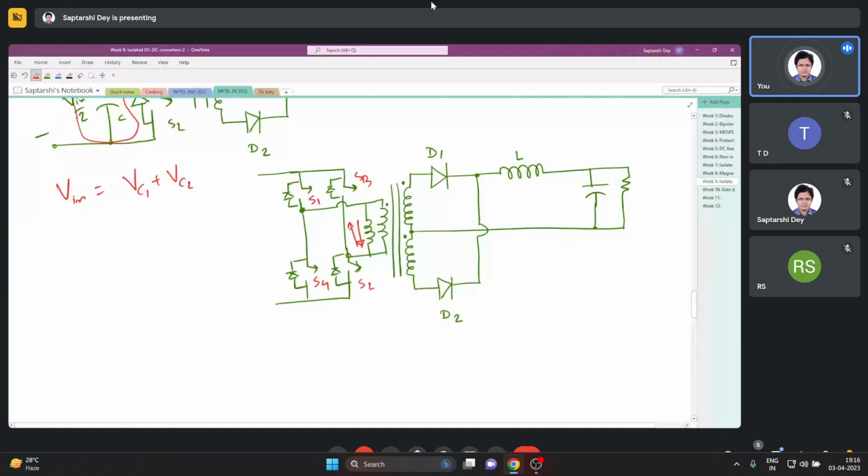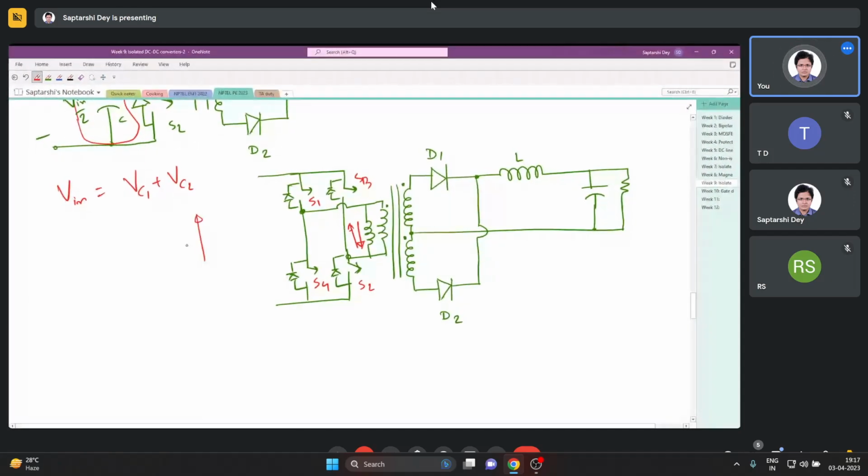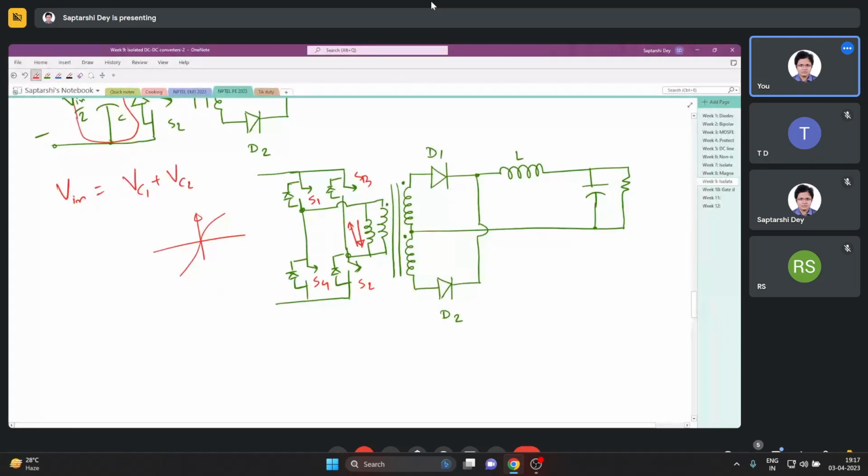That is, the core is operating in both first and third quadrants. So that is why I told you at the very beginning that all of them are kind of the same from the magnetics point of view, that they operate in both positive and negative values of B and H.